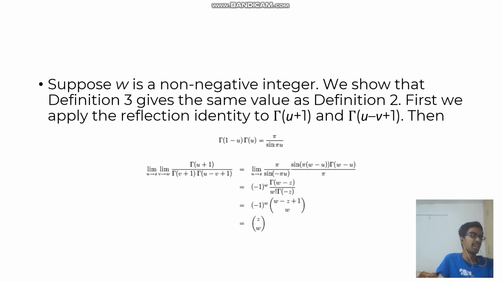Suppose w is a non-negative integer. We show that definition 3 gives the same value as definition 2. First we apply the reflection identity to Γ(u plus 1) and Γ(u minus v plus 1).